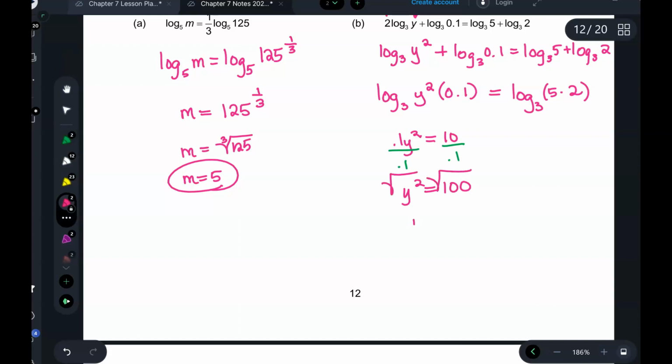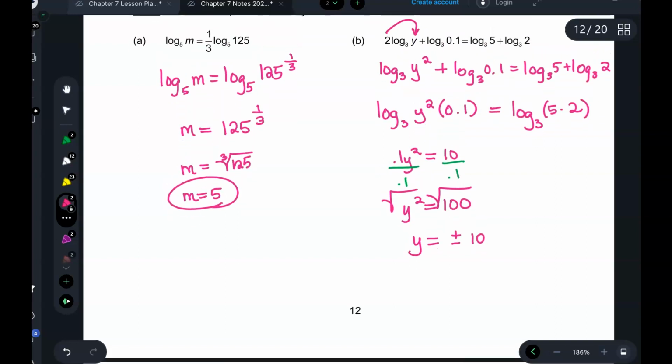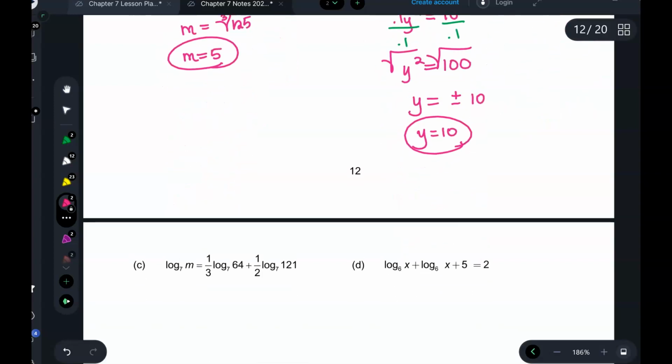This isn't bad at all. Now, it would be plus or minus 10, but can we have a negative value? No. So y only equals 10. Because if you remember, we talked about yesterday, you can't take a logarithm of a negative number.